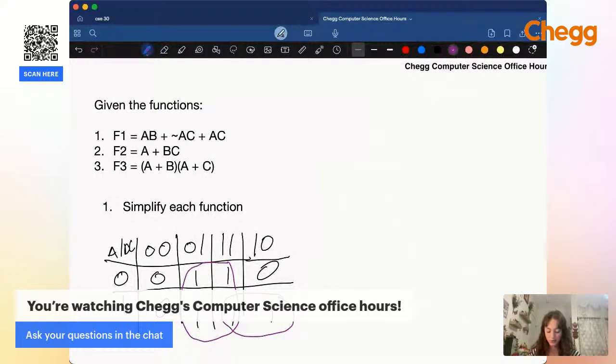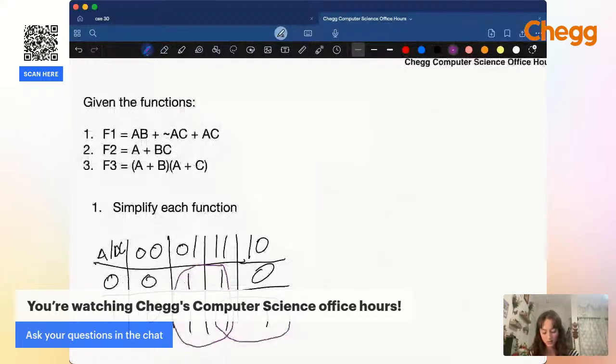The one bit that stays the same throughout that is C. So we can say if C is true, we know that F1 will be true. And then the other case where F will be true is if A is 1 and B is 1. So, C or AB. And those are the only two cases where F1 will be true.